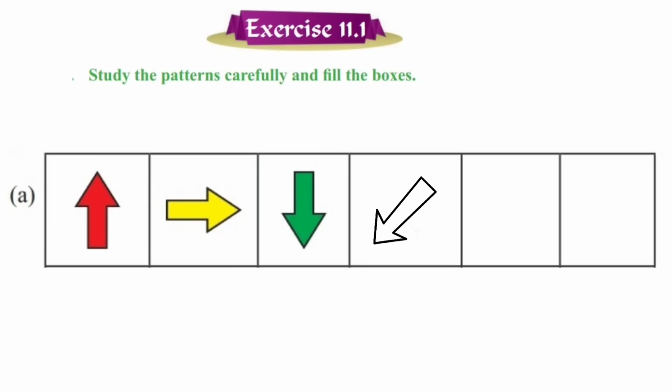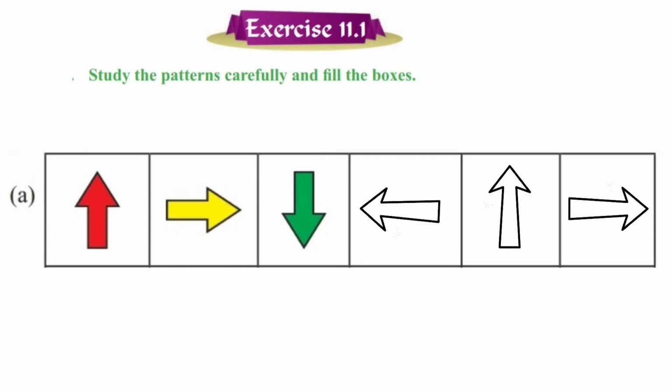So we will repeatedly rotate the figures by 1/4 and get the next figures. Now look at the pattern of colors. It is red, then yellow, then green. So we will fill the next figures in red, then yellow and then green color. And this way we complete the pattern.